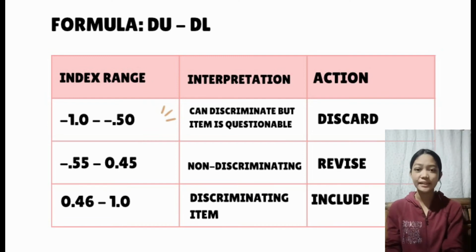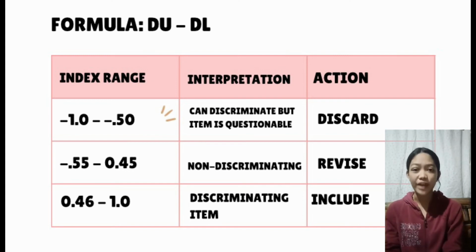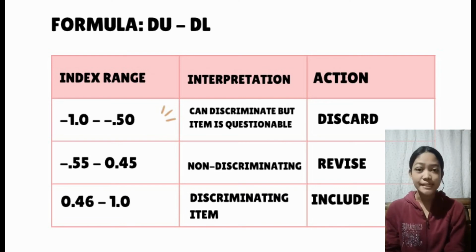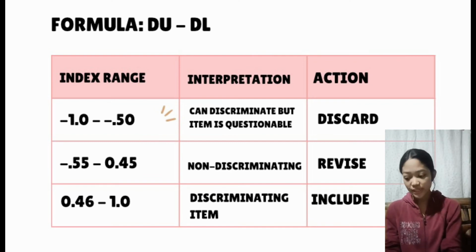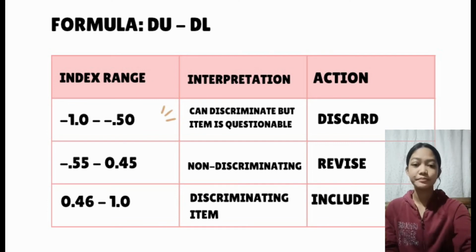Second is the -0.55 to 0.45 or 45%. The interpretation is non-discriminating and the action is to revise. And lastly is yung 0.46 or 46% to 1 or 100%. The interpretation is discriminating item and the action we do is to include.